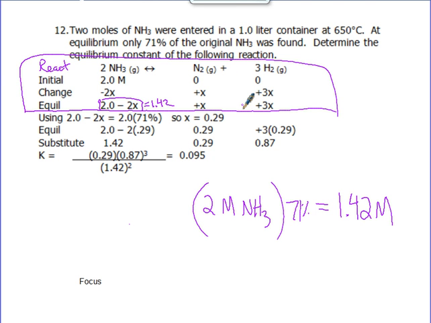I can plug them in. And then an unfortunate thing sometimes occurs right here with a lot of kids. They do all of this beautiful, we solve for x, plug it in. 3 times x is 0.87. Don't forget, when you go to K, that 3 here, that becomes an exponent, right?